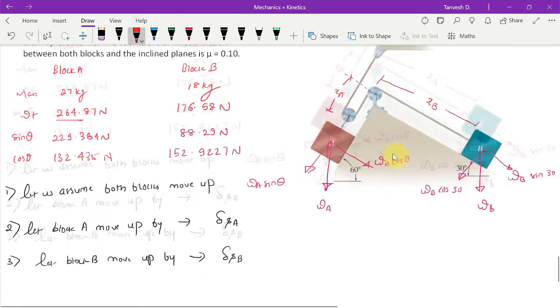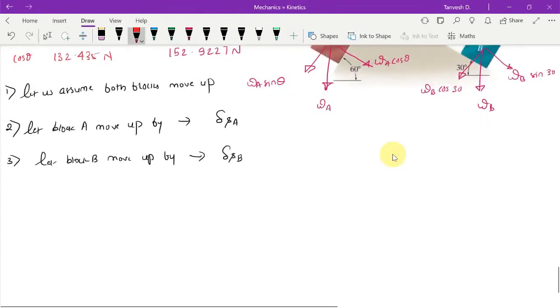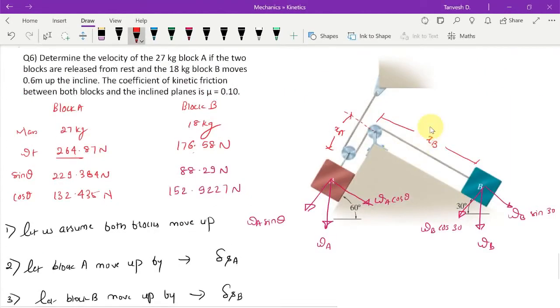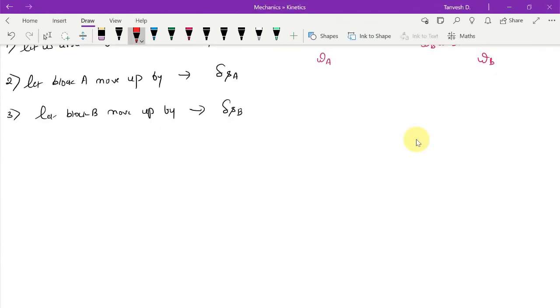So 2 times XA plus XB is going to give me L, and this part remains the same, it never changes. What changes is only XA and XB, correct? So 2 times XA plus XB is going to give me L.